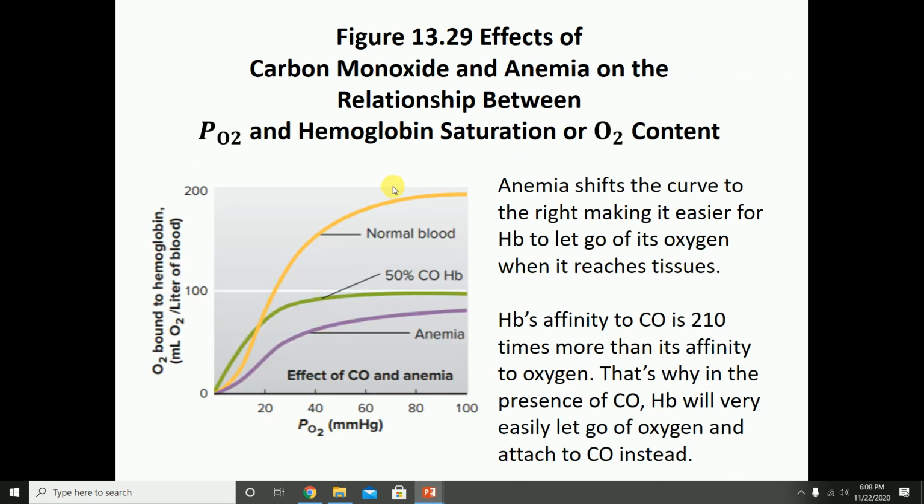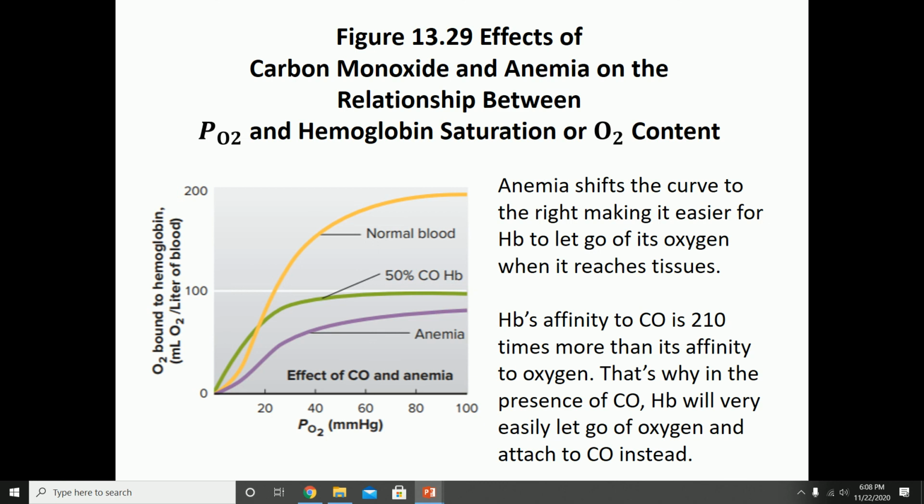Now again, that yellow curve is the normal curve, and we'll see the effect of anemia and the effect of carbon monoxide on that curve. So in anemic patients, there is less hemoglobin to begin with to carry oxygen, which means that the tissues aren't getting enough oxygen, and they are pretty much starving for oxygen.